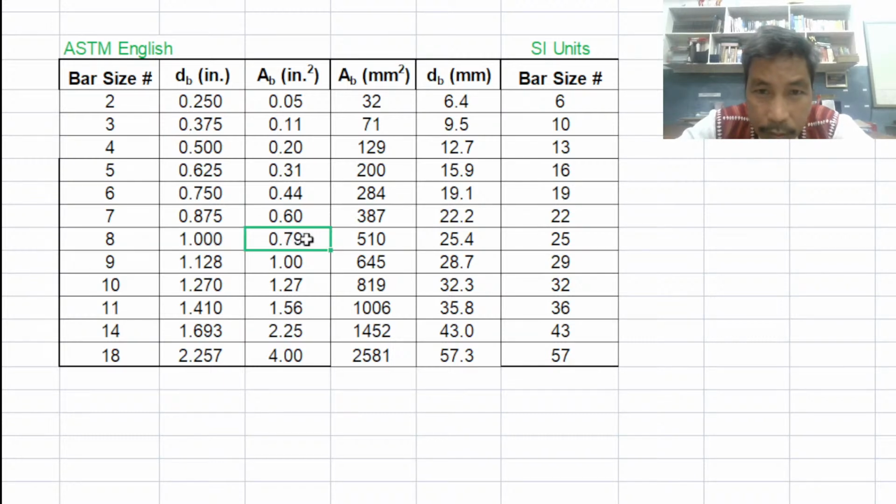But take a look. If we use three significant figures, that is still 0.79. This is not three significant figures, this is only two significant figures. If you use three significant figures, that is 0.785.